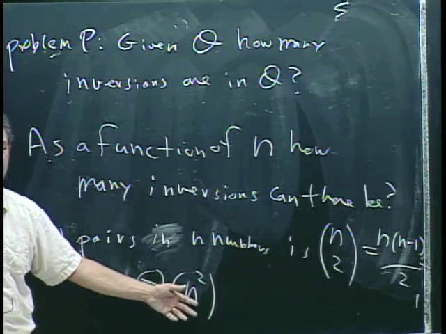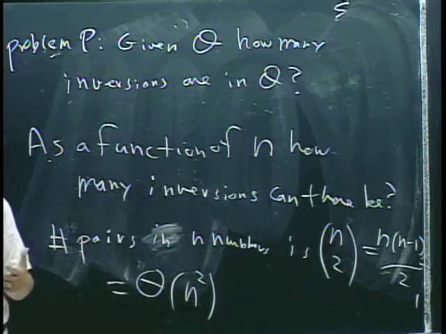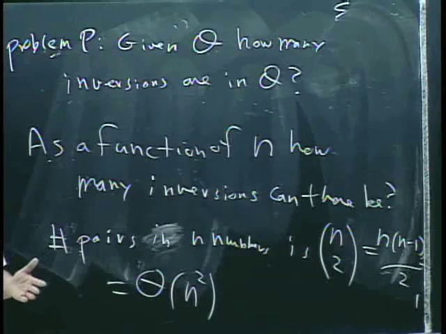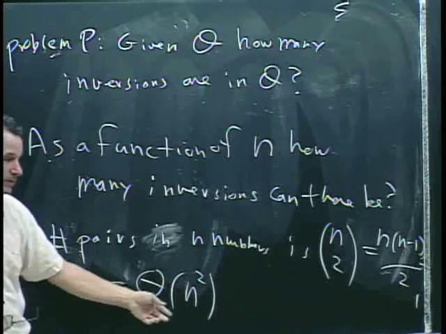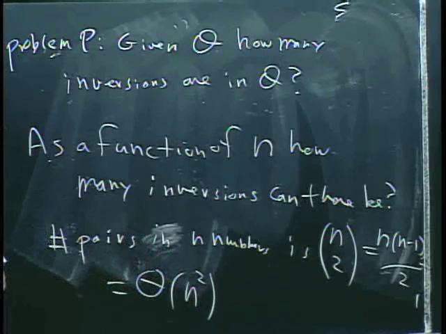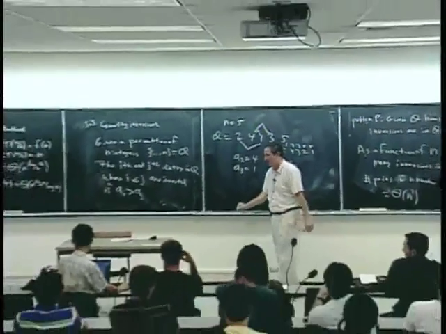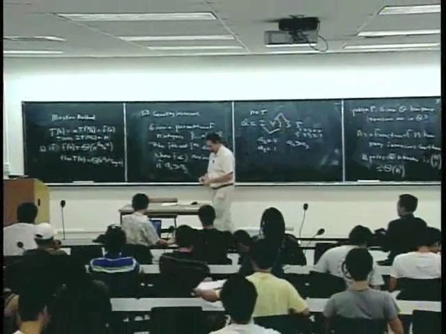Or does the fact that there could be as many as n squared inversions mean that an algorithm to count them has to take at least that much time? If you're asking to enumerate them, then it takes n squared time. Okay, I'm not going to repeat that because nobody else heard it, and I want you all to think about it before next time. So we'll pick that question up next time.